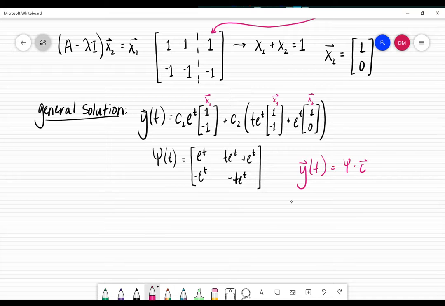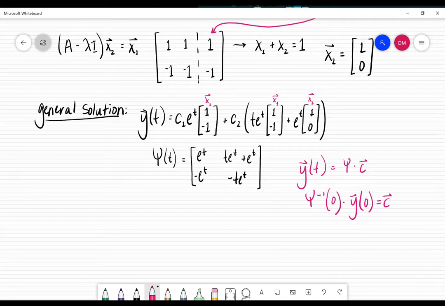And then in order to solve for C, I'm going to take my inverse of the psi matrix. So I'm going to take psi inverse, and we're going to make it easier for ourselves. We're going to evaluate at that initial value. In our case, it is 0 here. And we are going to multiply that on both sides. So I would have that multiplied by y of 0. And then that would give me my C values.